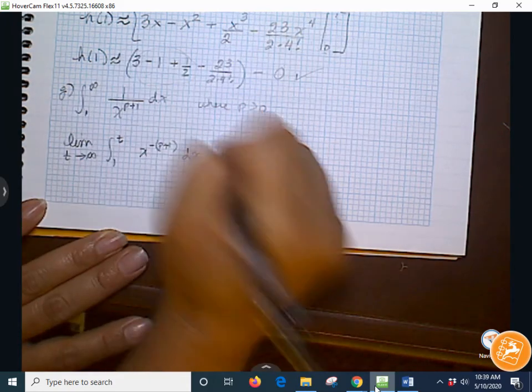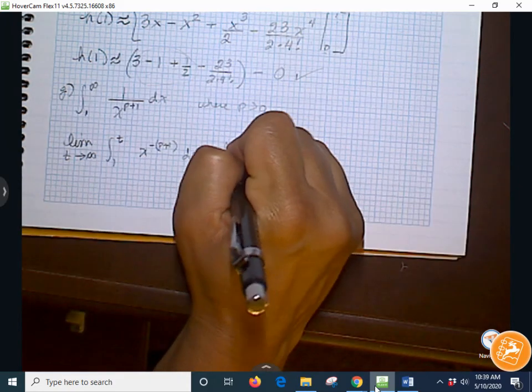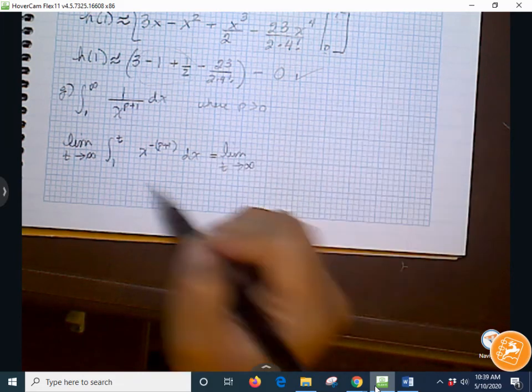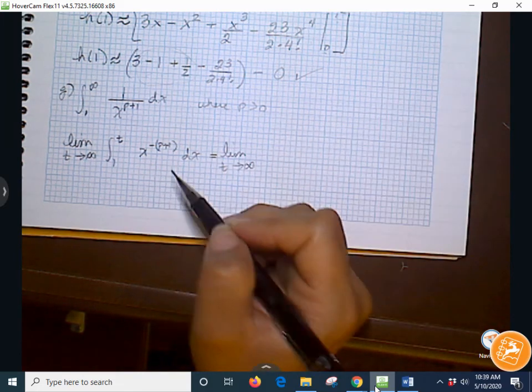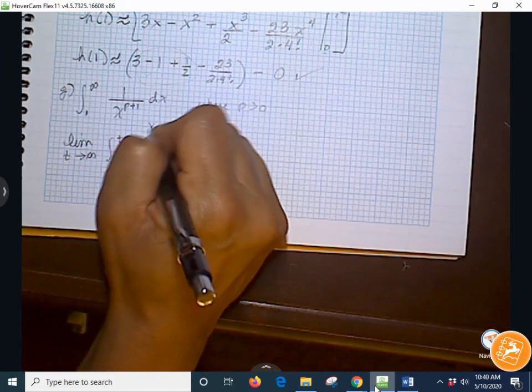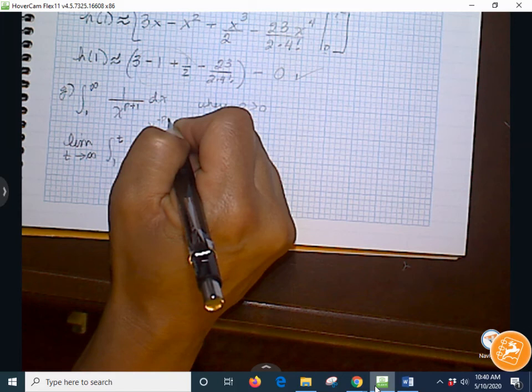So what is that equal to? I don't know. Let me see. Limit as t goes to infinity of, now I need to find the antiderivative. So let me distribute that negative. So this is going to be x to the negative p minus 1.